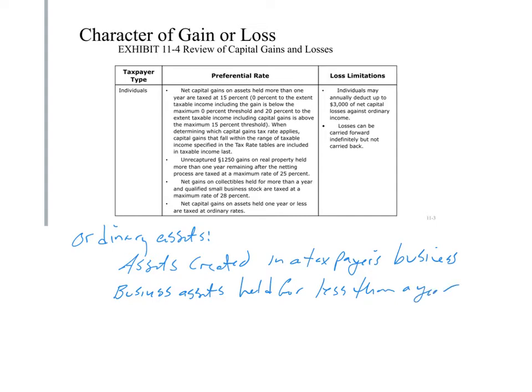And what are good examples of these things? Inventory, receivables. Those are great examples.